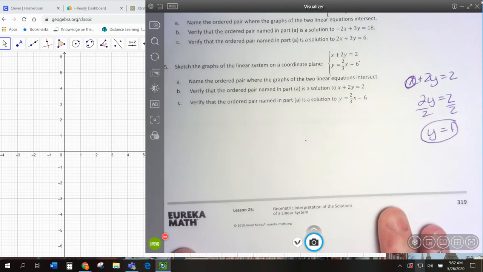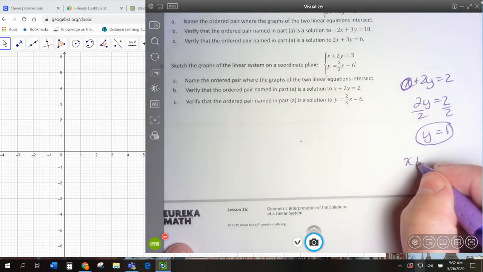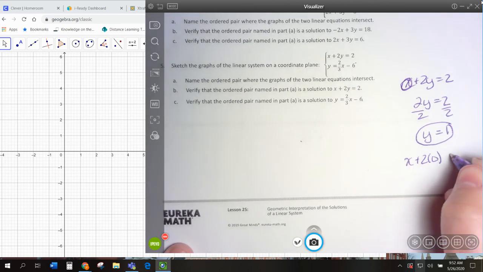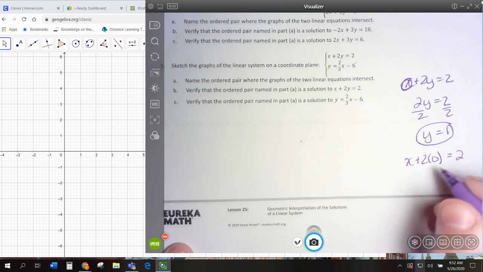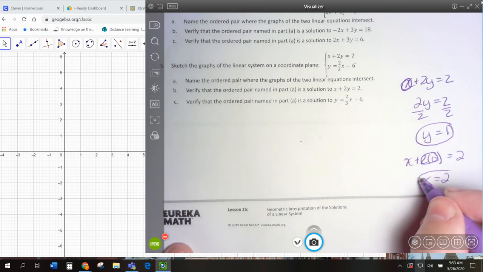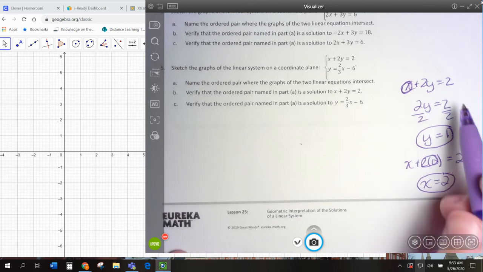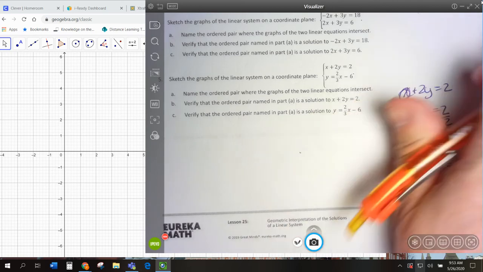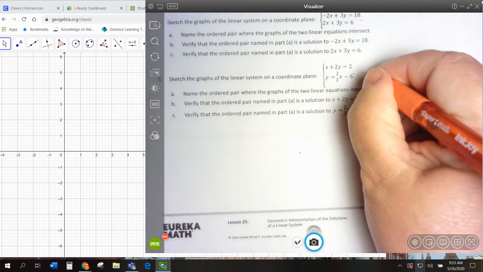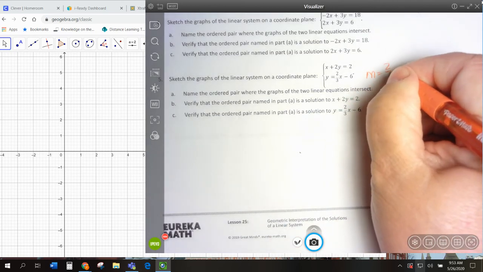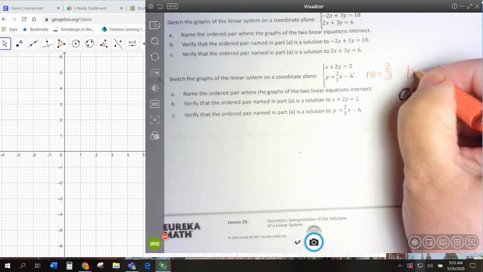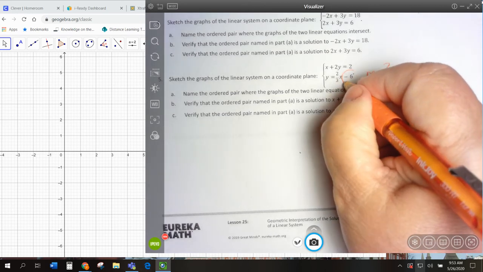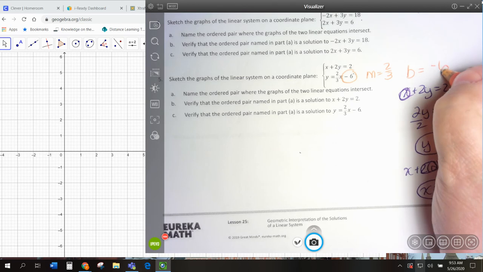If I make y 0, 2 times 0 is 0, so I'm going to have x equals 2. Now for the second one, I know my m and my b. My m, or my slope, is going to be 2/3, and my b is going to be negative 6.